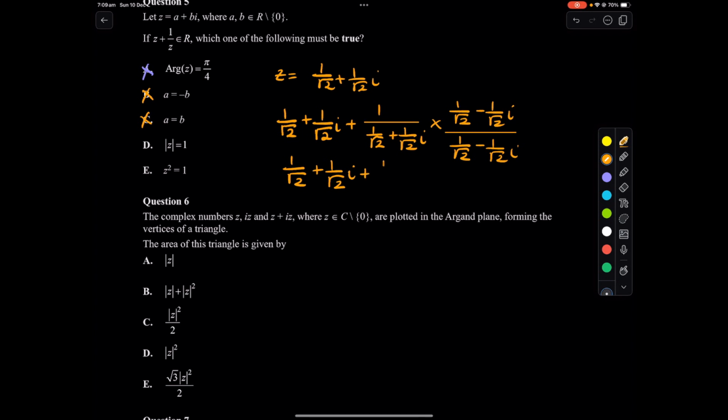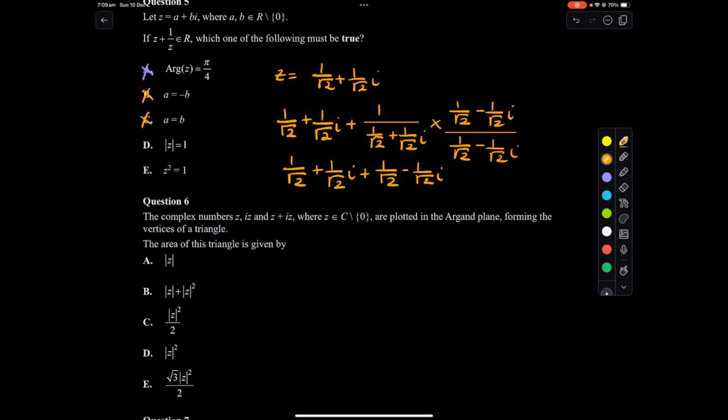So that'll be 1 over root 2 on the top minus 1 over root 2 i, all divided by half plus half, which is just 1. That cancels to 1, so it's just this.